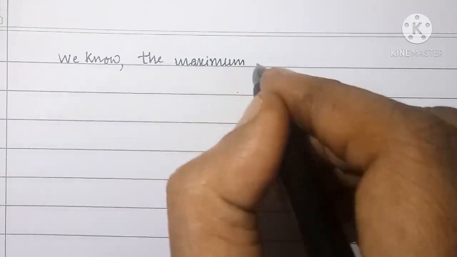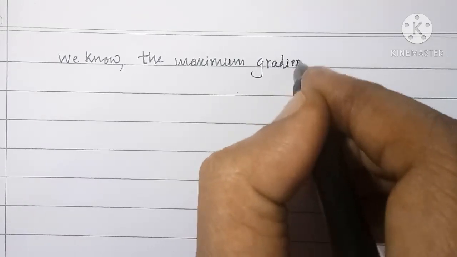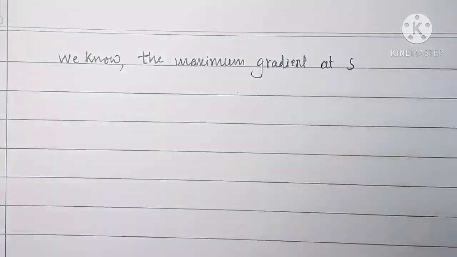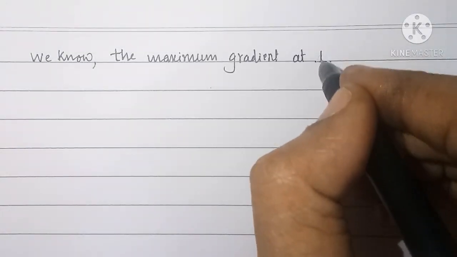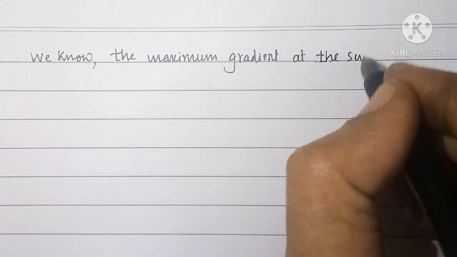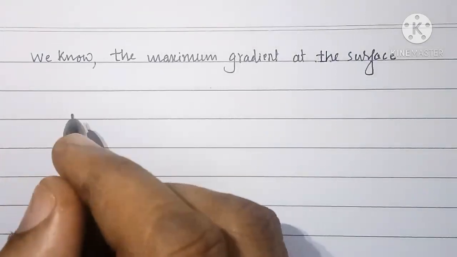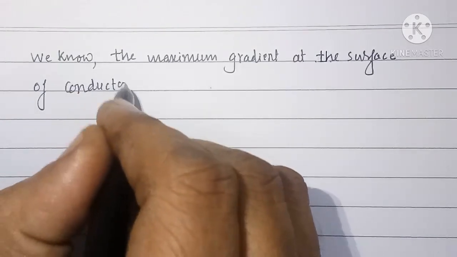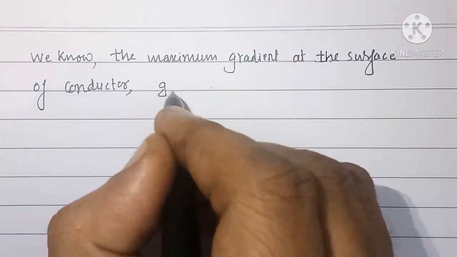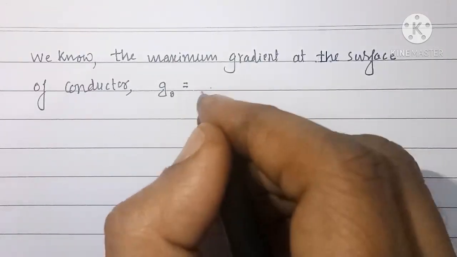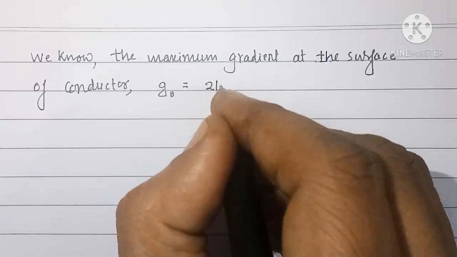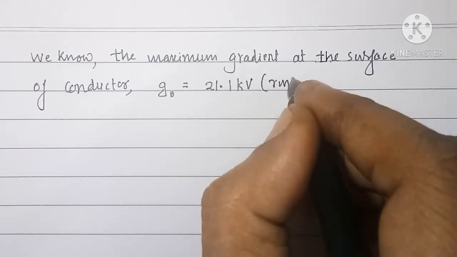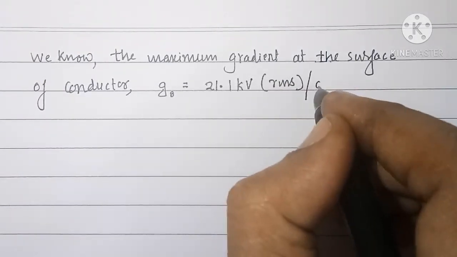We know that the maximum gradient at the surface of the conductor, G naught, is equal to 21.1 kV RMS value per centimeter.